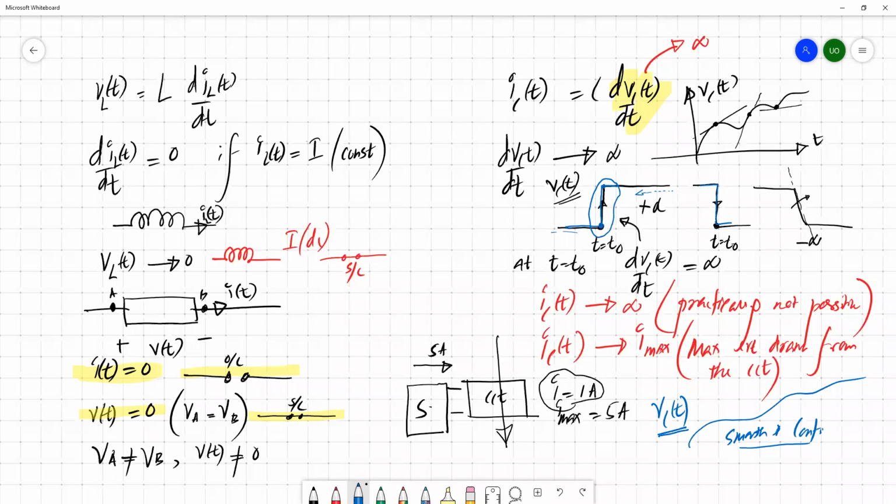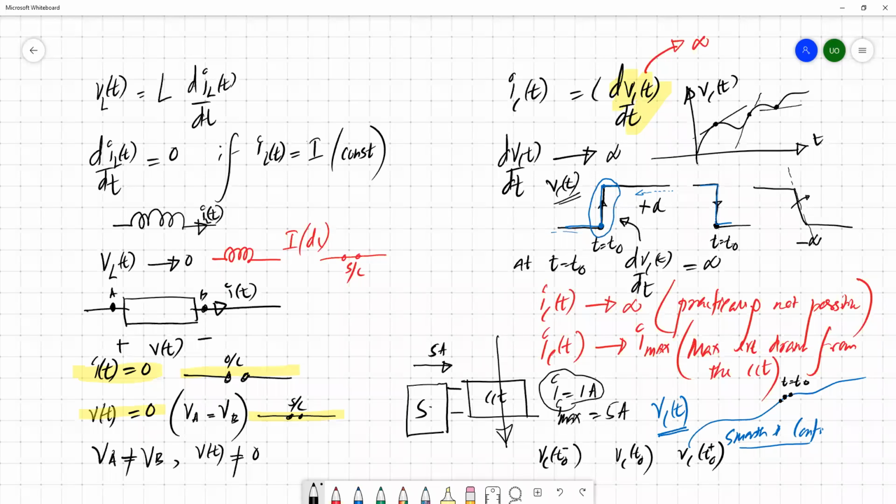If it is smooth and continuous, let's pick a point t equals t naught. What about v_C(t naught minus), v_C(t naught), and v_C(t naught plus)? v_C(t naught minus) means just before this point, this is t naught minus, and this is t naught plus.